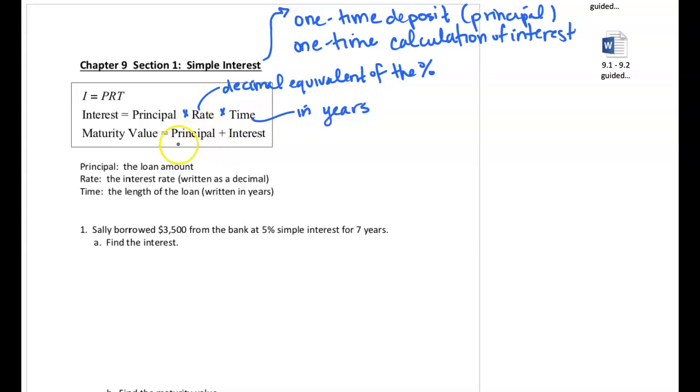That's the principal, or the original amount that was put into the account, plus the extra interest that the bank is accruing. Kind of think of the interest as the bank's way of paying you back for allowing them to use your money in their investments for the time that your money is at their bank.